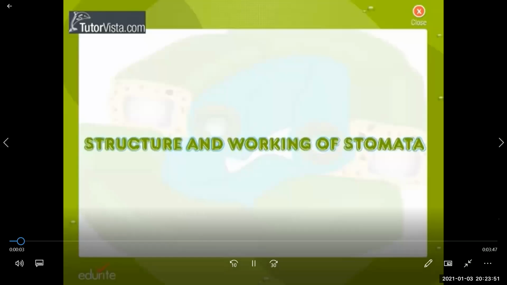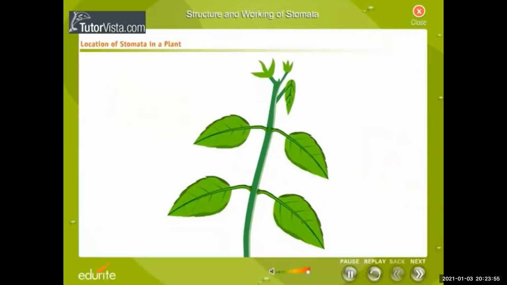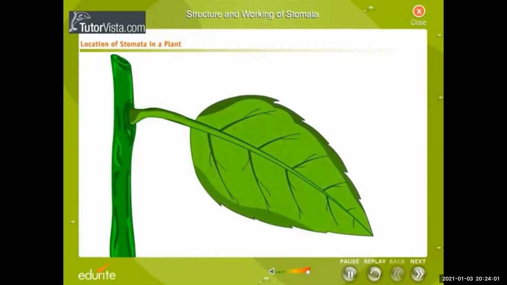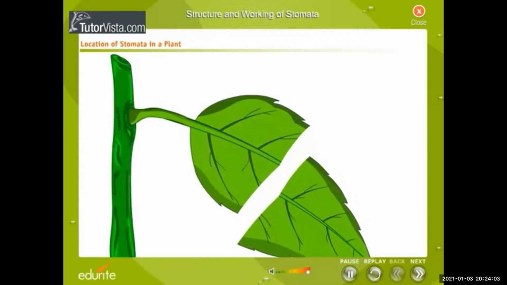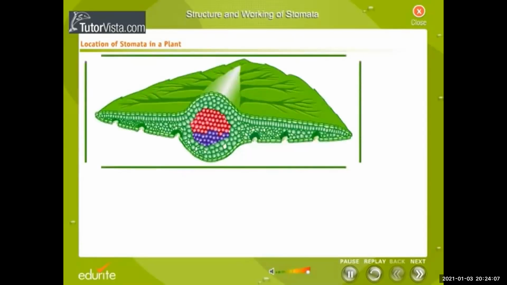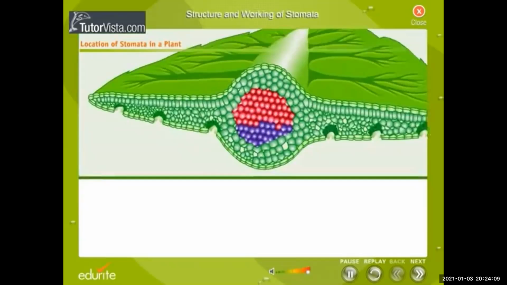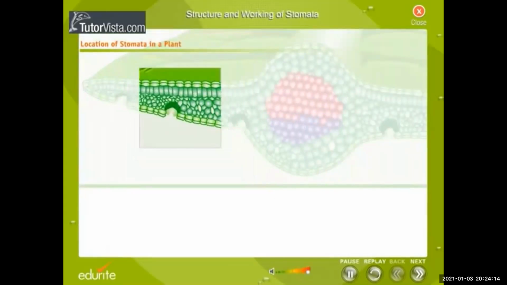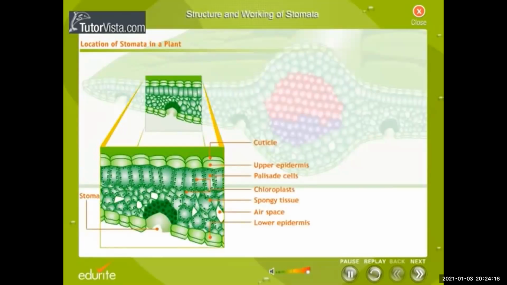Structure and working of stomata. In plants, most photosynthesis takes place in the leaf. Let us observe a leaf section to understand the location of stomata. The outermost layer is the waxy cuticle.